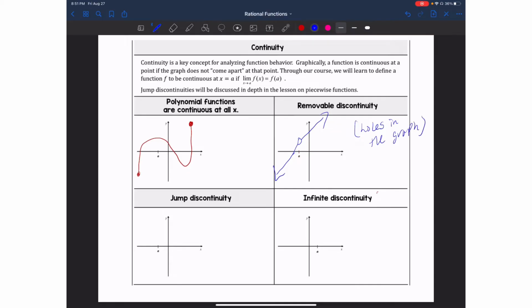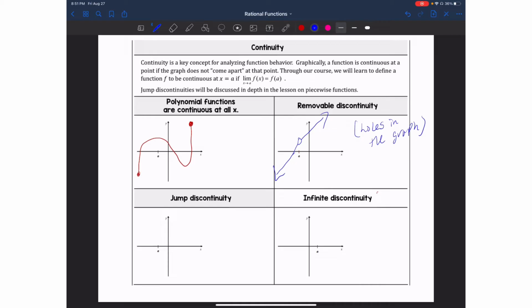But they are the same thing. They are called a removable discontinuity because we can fill in the hole in the graph with the ordered pair or a point, and the discontinuity is gone. You remove it by filling in the empty spot in your graph.